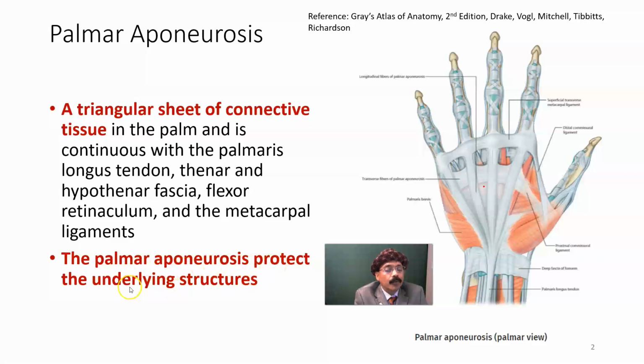The palmar aponeurosis protects the underlying structures and helps in good grip. It is also a site of origin of some muscles, like the palmaris brevis, a very thin muscle in the hypothenar area, which takes origin from the palmar aponeurosis. So it has multiple functions.